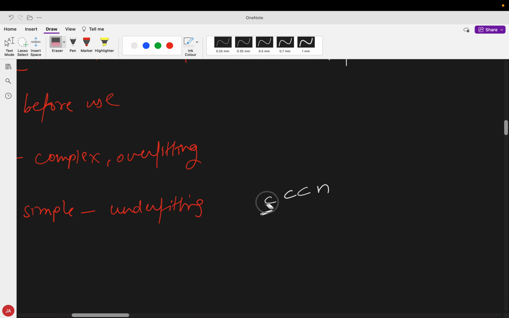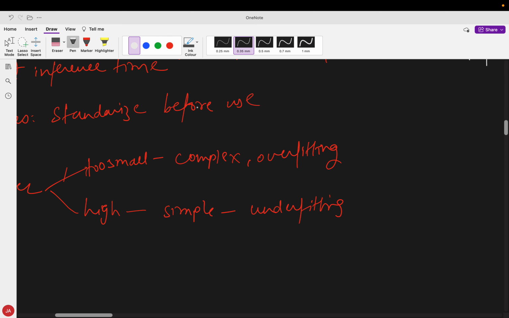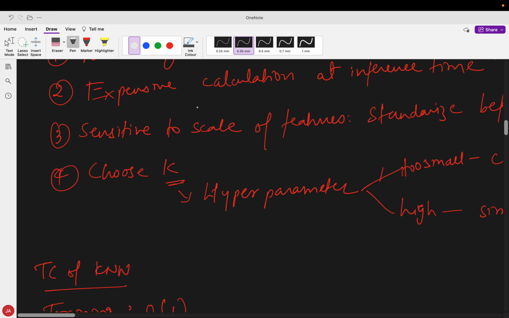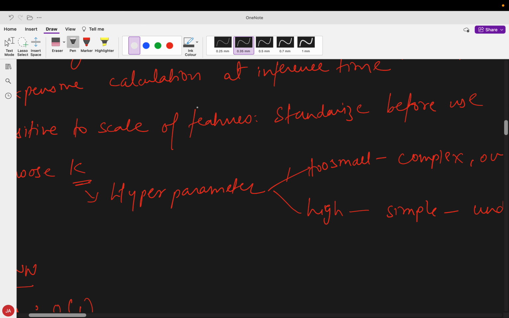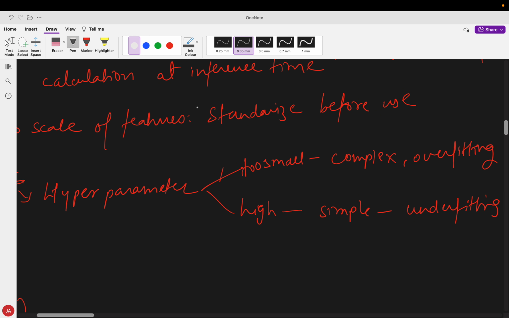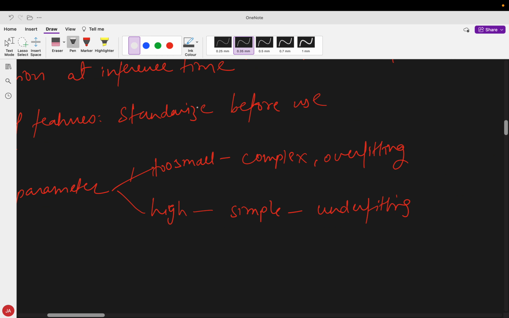It would not represent anything, right? It also depends upon how much data we have, and whether it is balanced or not. So we have to choose K accordingly. That's why this is a hyperparameter.